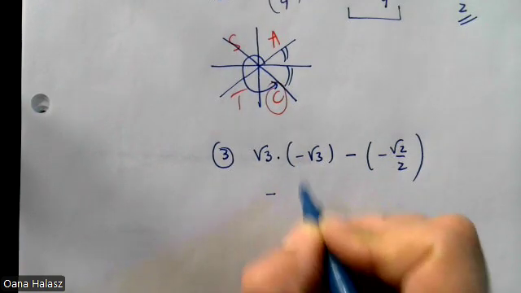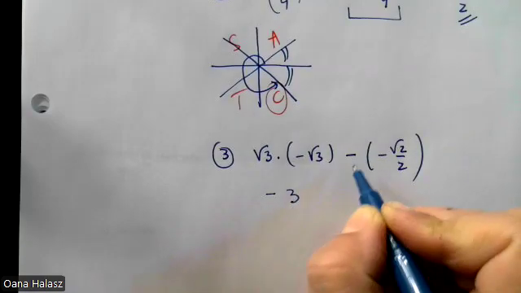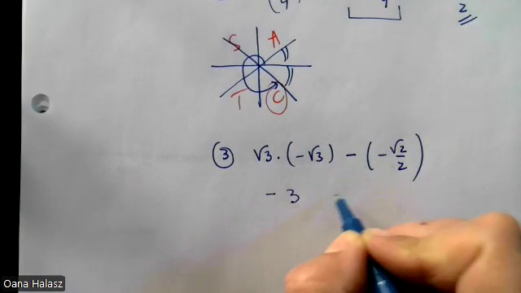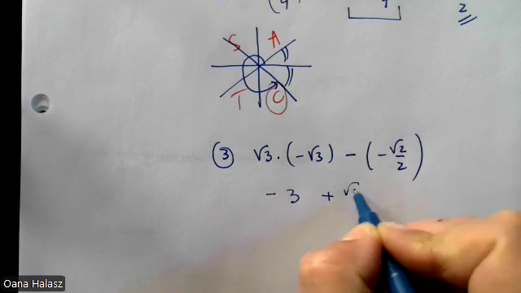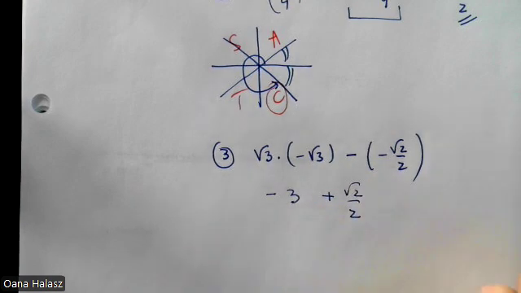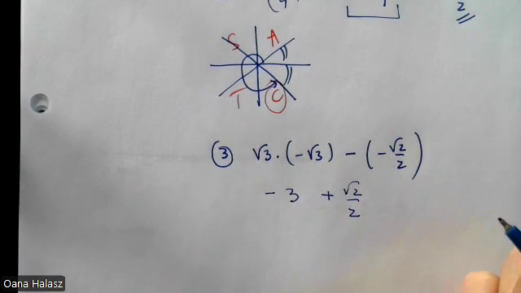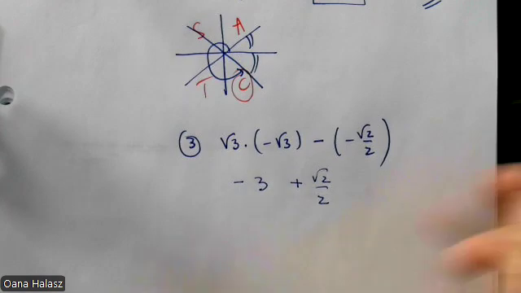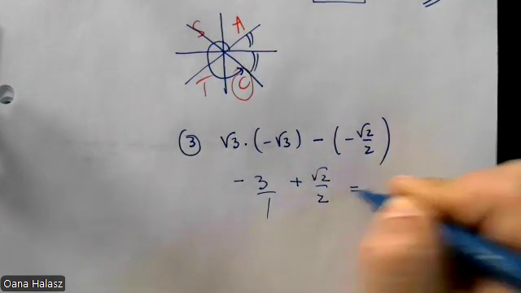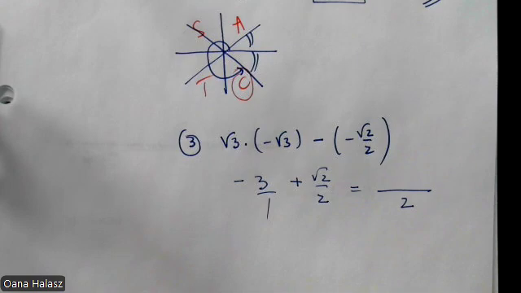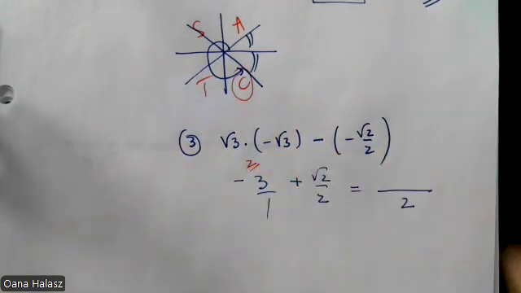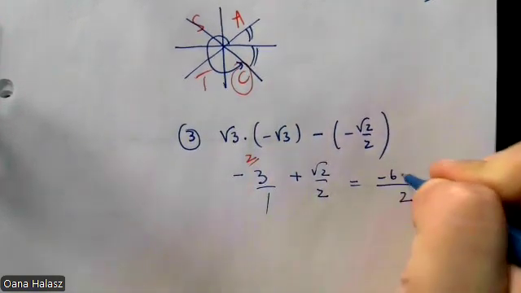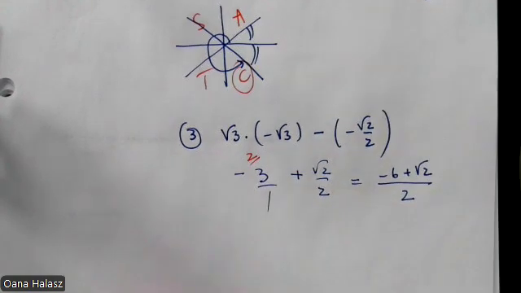Root 3 times root 3 is 3. Then here you have negative times a negative, which is a positive, root 2 over 2. That's the final answer. Should we go further? Yeah, I would go one step further. Then you write it with a common denominator, 2, and then you have to amplify here by 2. So negative 6 plus root 2, over 2.